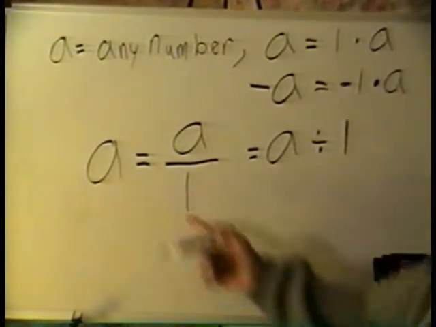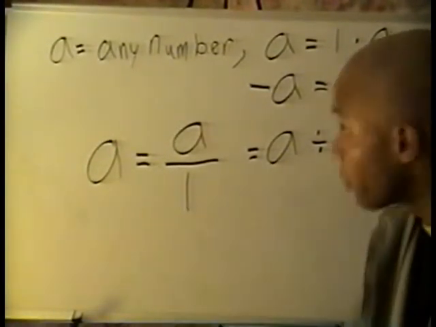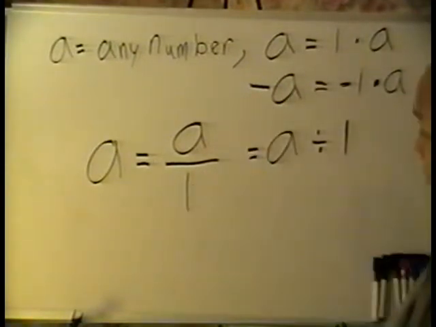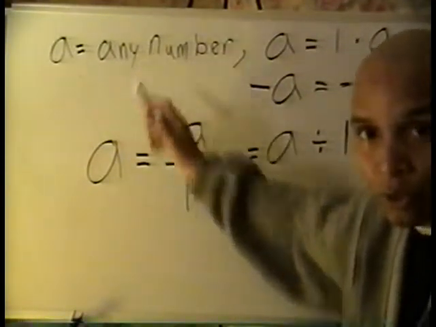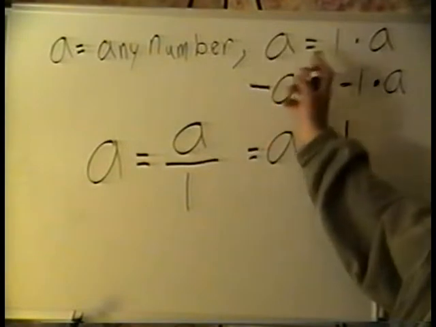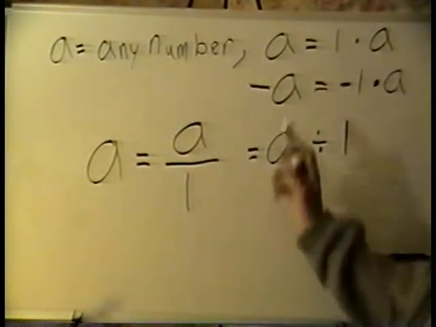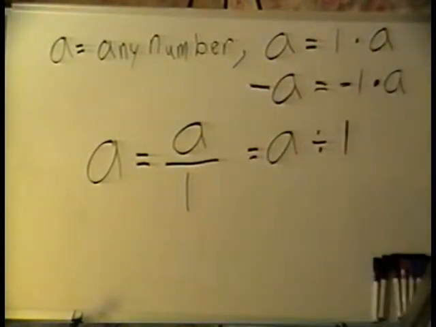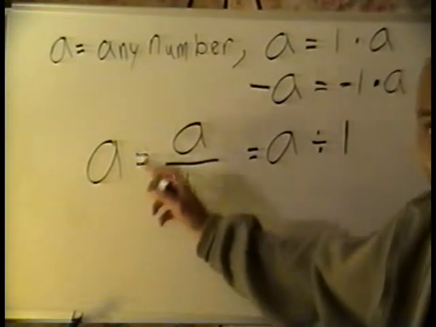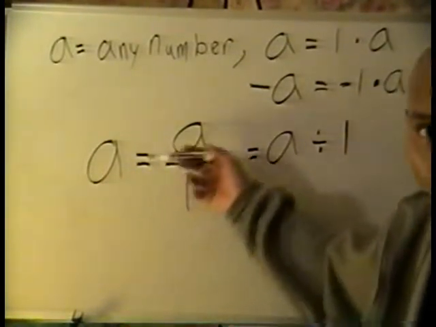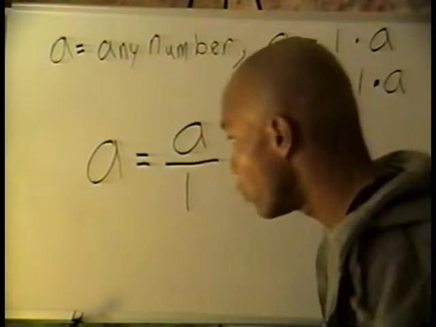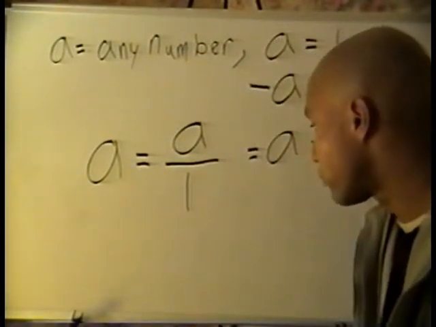That's the law. Write it down. It should be in your notes. These three laws you should know. If a equals any number, a equals 1 times a, negative a equals negative 1 times a, and a can be written as a divided by 1, or a equals a over 1.